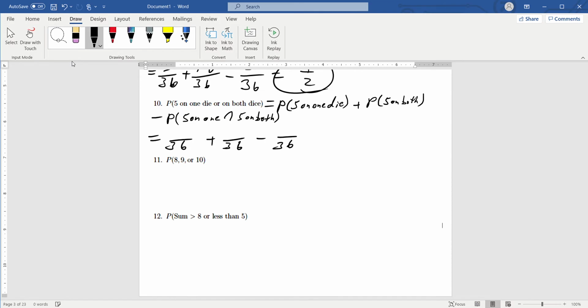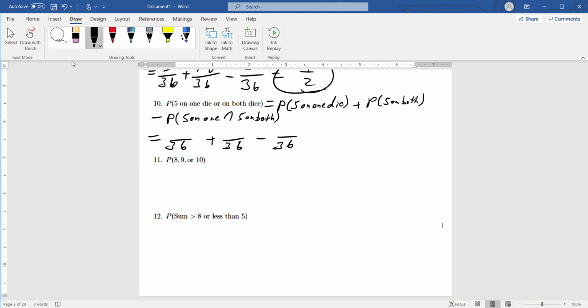And yeah, I'm just going ahead and I'm writing in the 36 for denominator. Why? Because I'm rolling 2 dice. The total amount of outcomes when you roll 2 fair die is always 36 when doing basic probability.